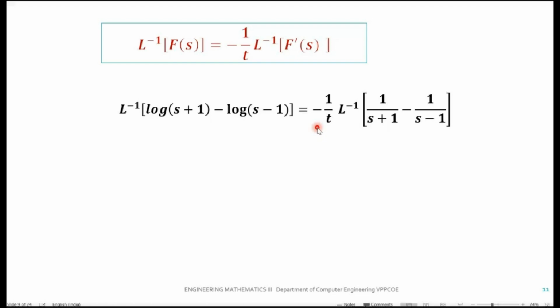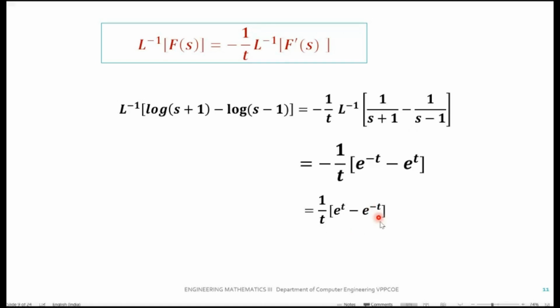Same property I'm applying again for the log function. So minus 1/t L inverse of this. Either you cross multiply or you can calculate directly also because we know the L inverse of 1 upon s plus 1 is e raised to minus t, and 1 upon s minus 1 is e raised to t. I can take the minus sign inside the function. So I will get 1/t (e raised to t minus e raised to minus t).